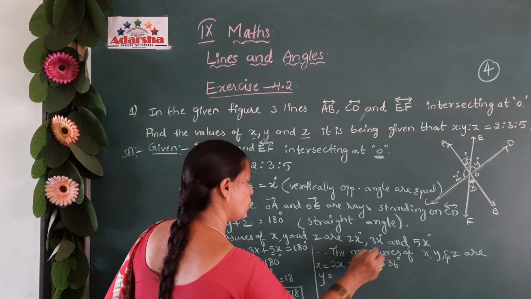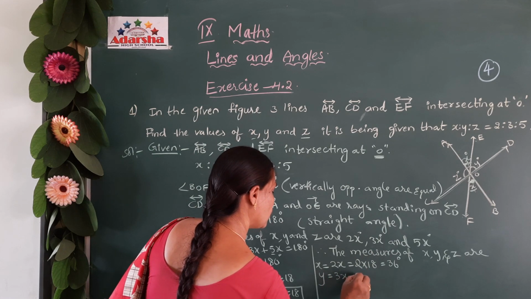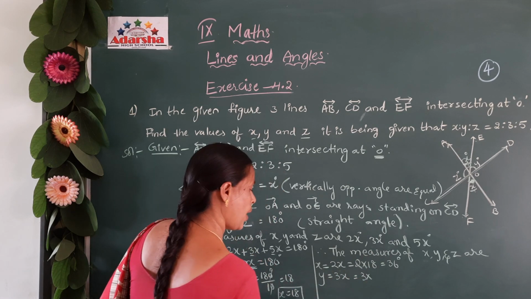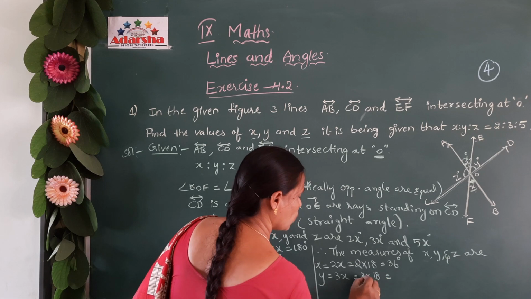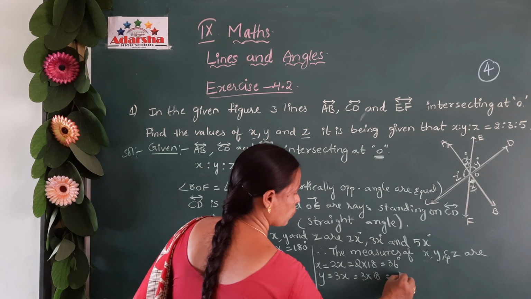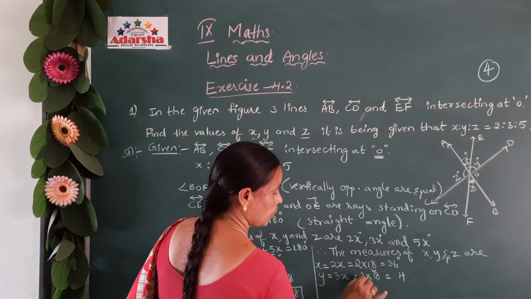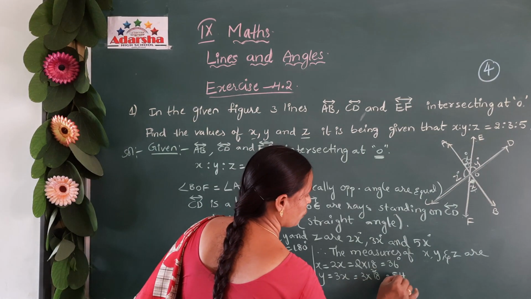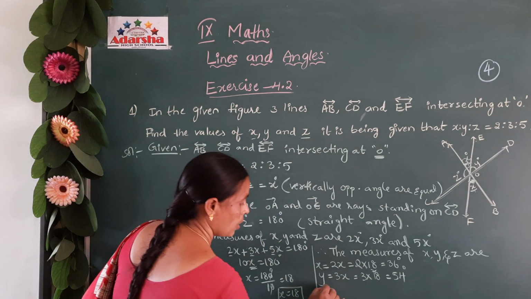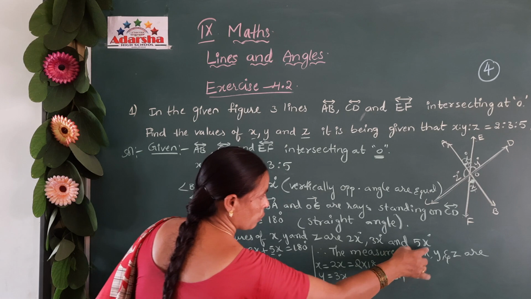Y is equal to 3x. So 3x is equal to 3 into x, which is 18 degrees. So 3 into 18: 3 8s are 24, 2 here, 3 1s are 3 plus 2, 54 degrees is Y. And Z measure: Z is equal to 5x.